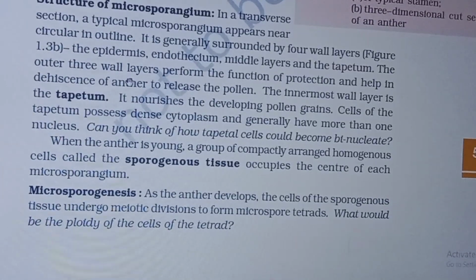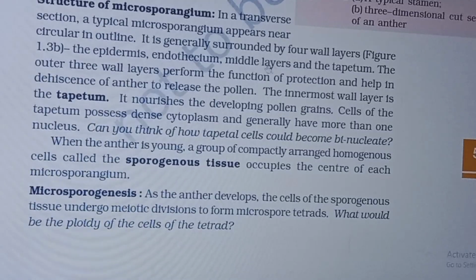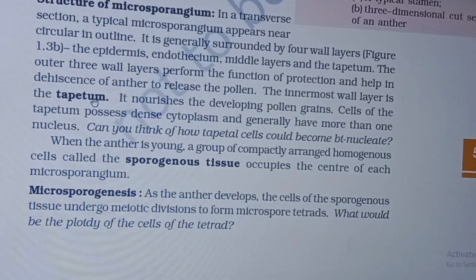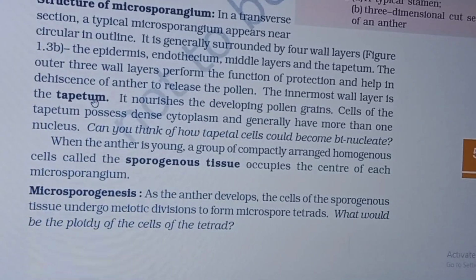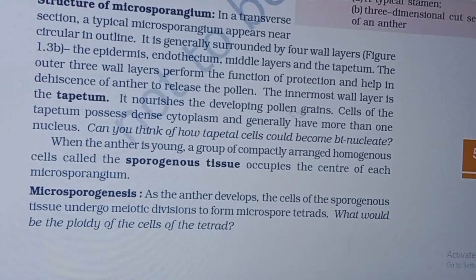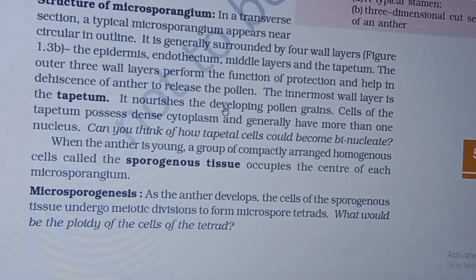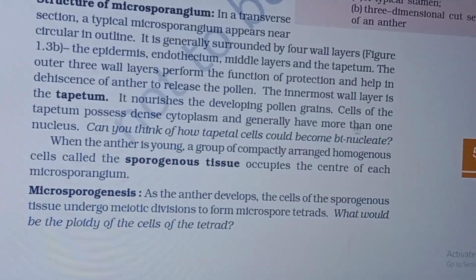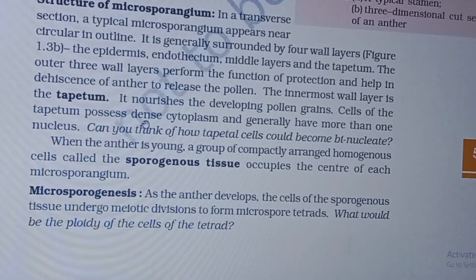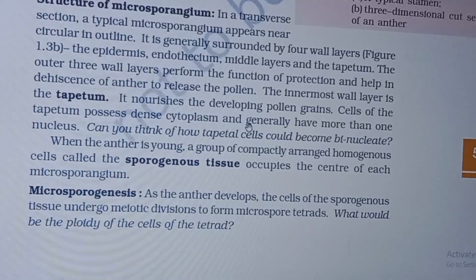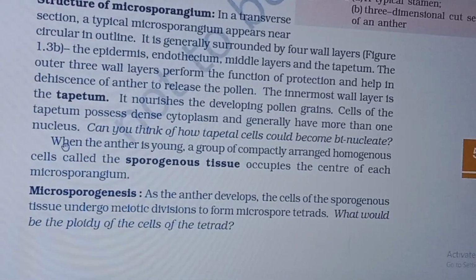The innermost layer, the tapetum, nourishes the developing pollen grains. Tapetal cells possess dense cytoplasm and generally have more than one nucleus.